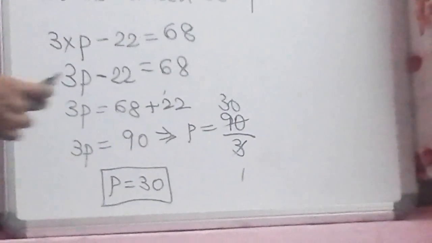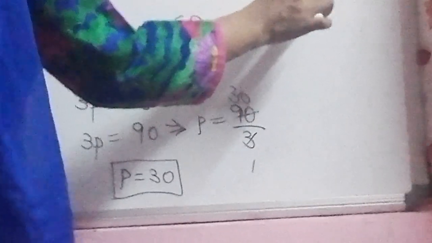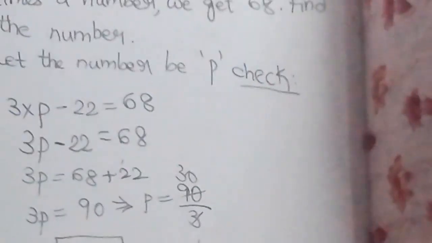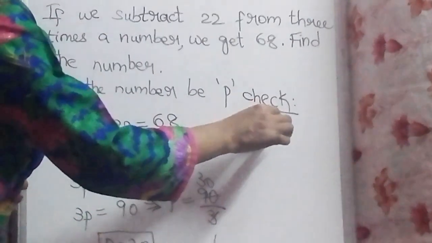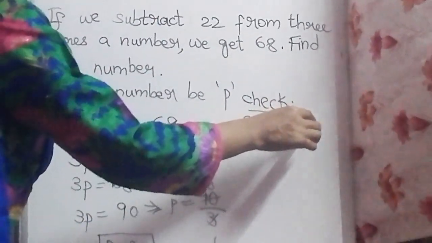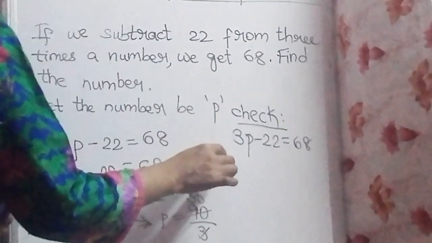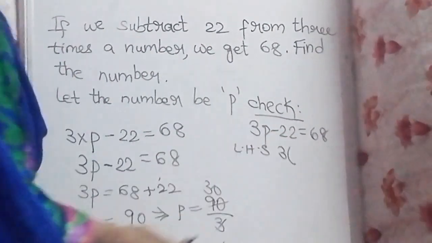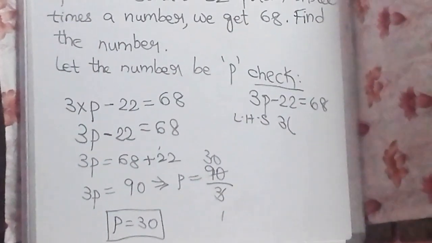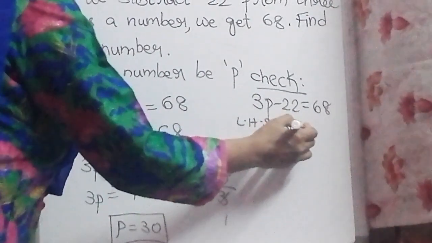Now the last part is check. We need to check whether we got the correct answer. Now 3P minus 22 is equal to 68. So now take LHS, 3P minus 22. In place of P, what should we substitute? 30.